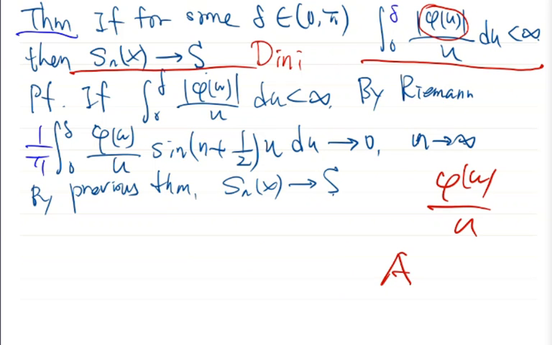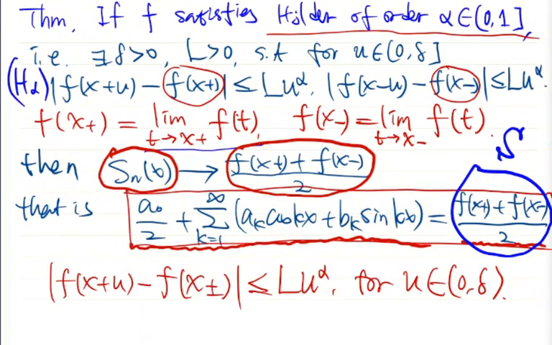Now we have already verified that for s equal to the mean value of the one-side limits at the point x, this integral does converge. So according to this theorem, our Fourier series converges to the mean value of the limits.